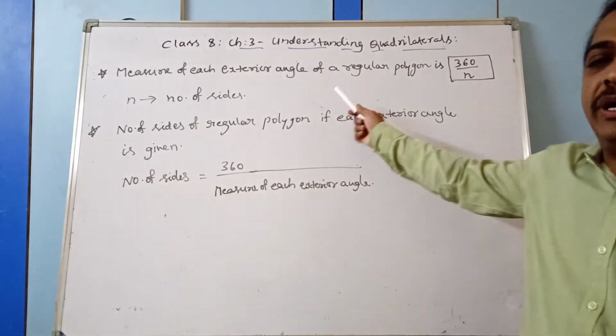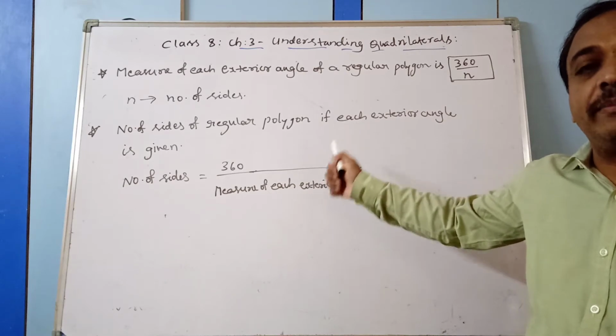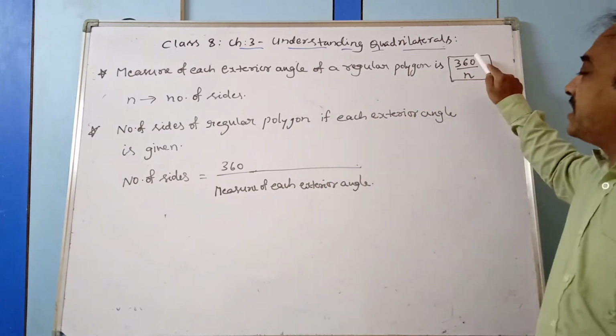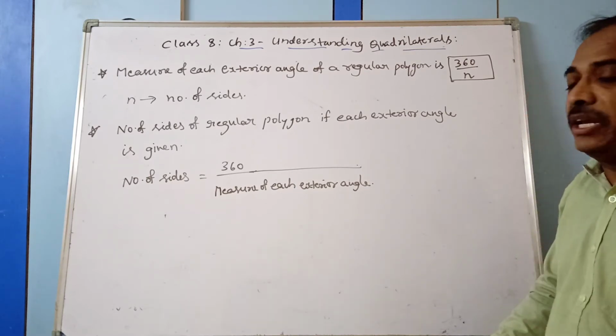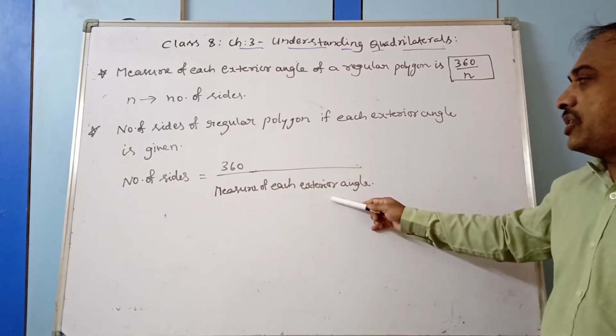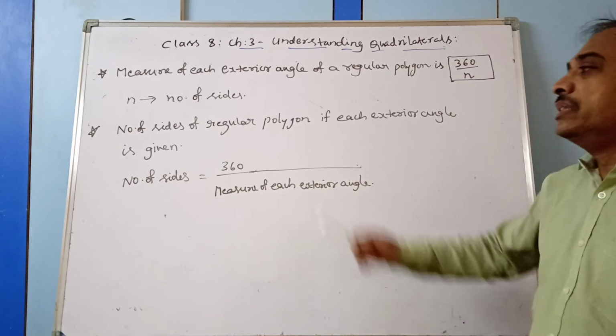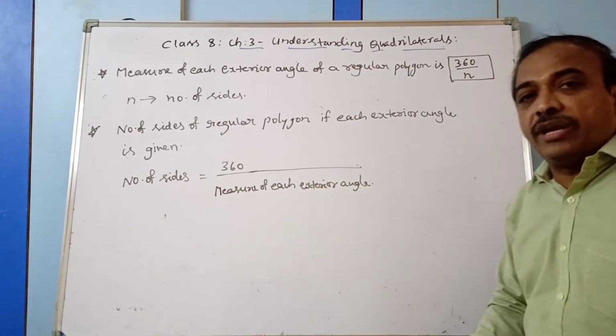These are the two important points which you need to remember. That is, 360 by n will give you the measure of each exterior angle of a regular polygon, and 360 by the measure of each exterior angle will give you the number of sides of the regular polygon.